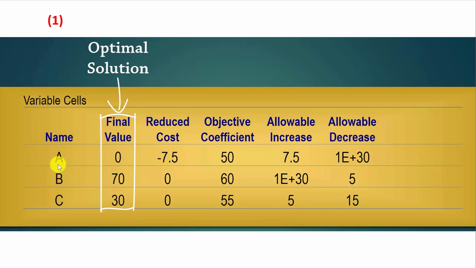So we don't produce anything from A, and we produce 70 units from B and 30 units from C. The optimal solution is the final value in the first table. So A equals 0, B equals 70, and C equals 30.